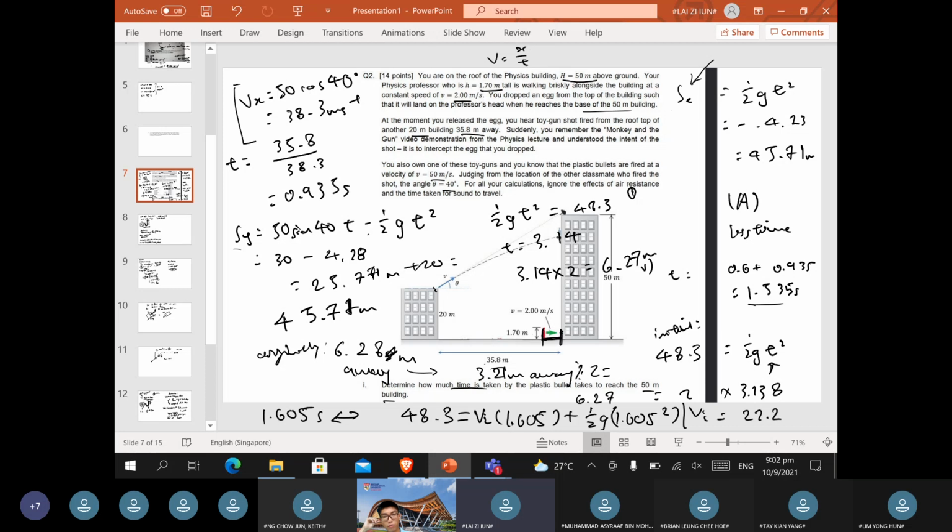Okay, thank you, Keith. Once you use that to determine the horizontal distance, you can find the rest very easily. The rest is just the normal equations. Okay, all good with this question?